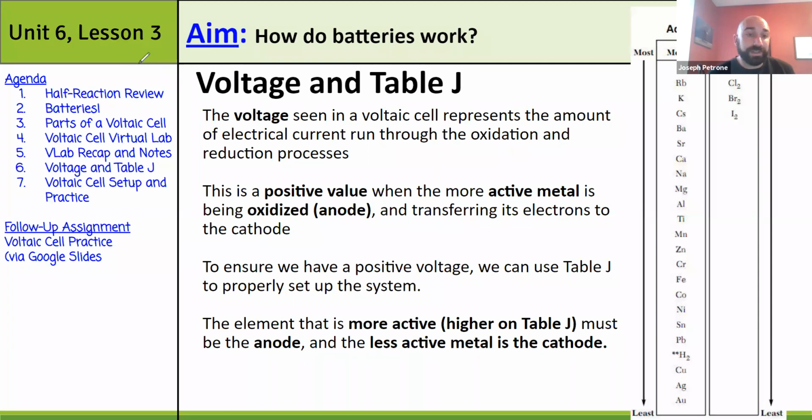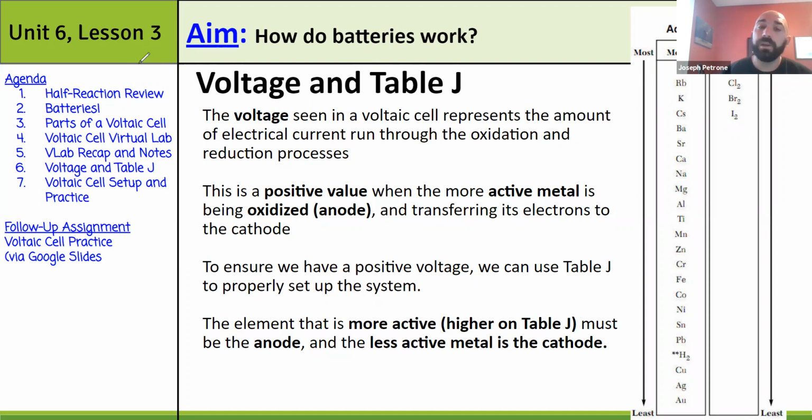Essentially, the quantitative amount of electrons totaled up gives you voltage. When we look at voltage, we want to look at it through a positive value. You did see that one of the values on the last setup actually had a negative voltage. And we want to properly set our voltaic cells in order to give us this positive value.